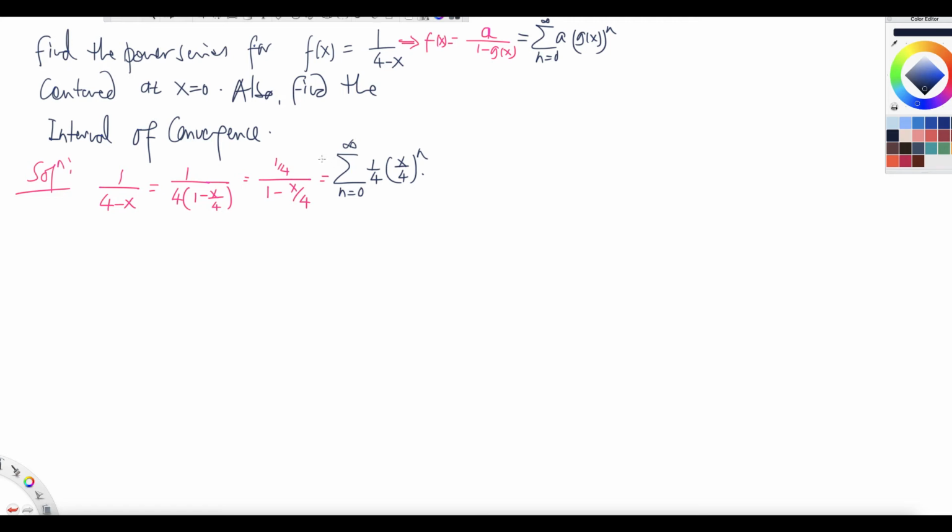This is the power series representation of the function 1 over 4 minus x at c equals 0.